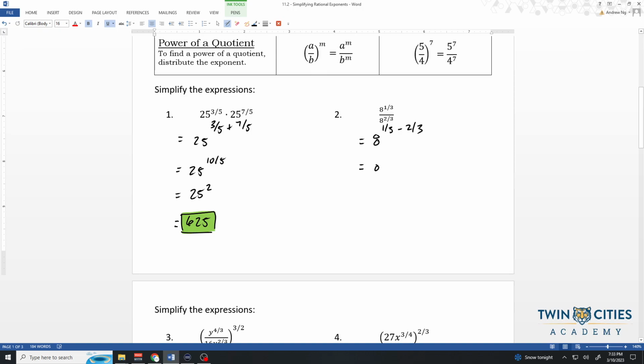So this is 8 to the negative 1/3. Another way to write this is 1 over 8 to the positive 1/3. And the cube root of 8 is 2. 2 times 2 is 4. 4 times another 2 is 8. So this will be 1/2.